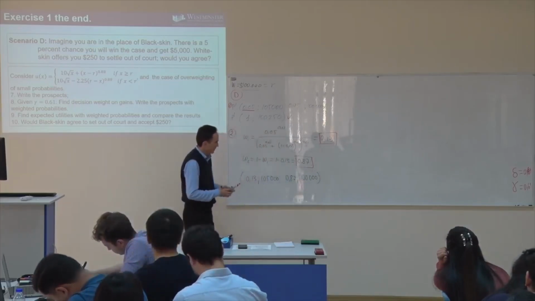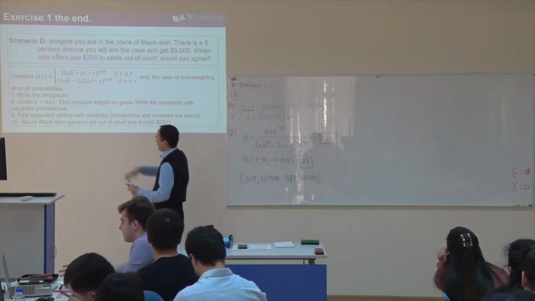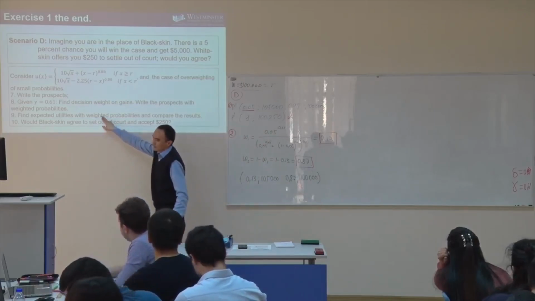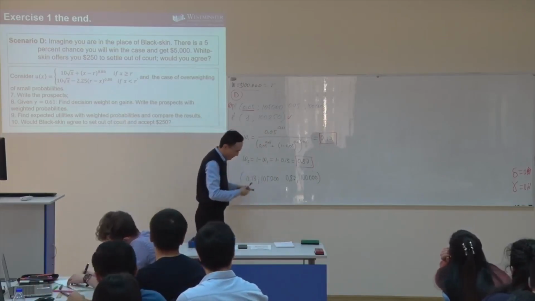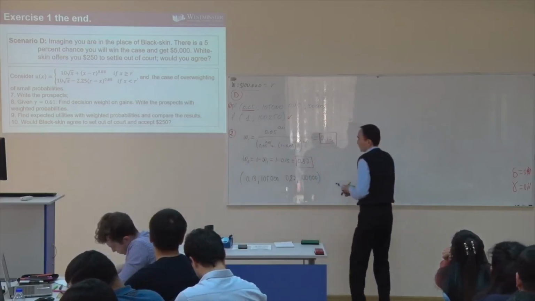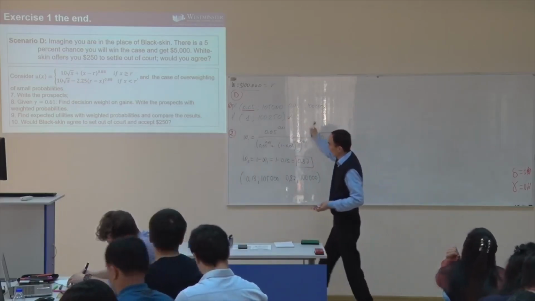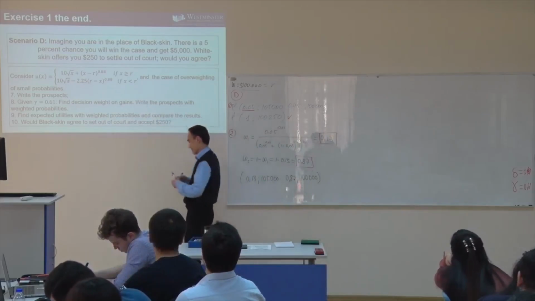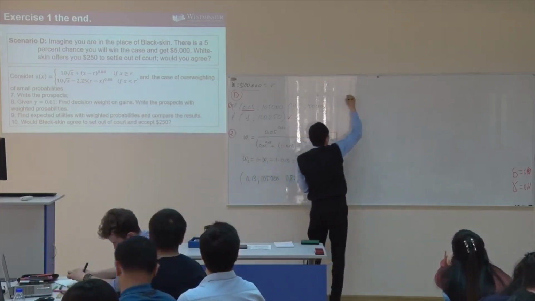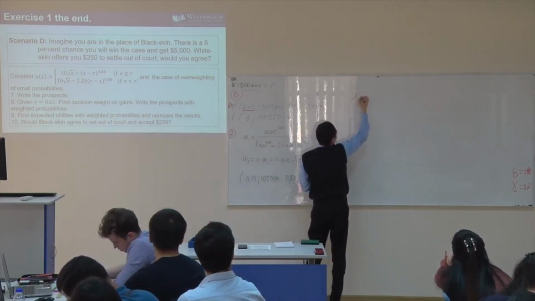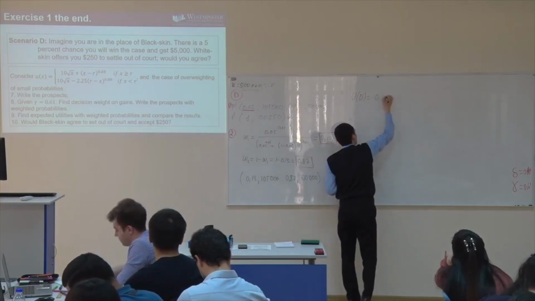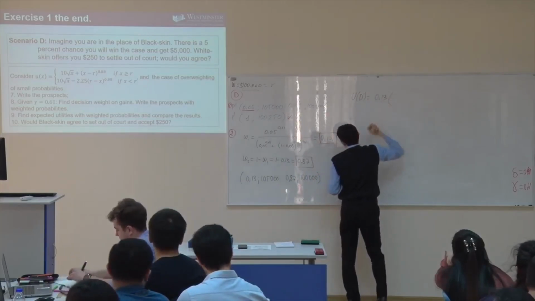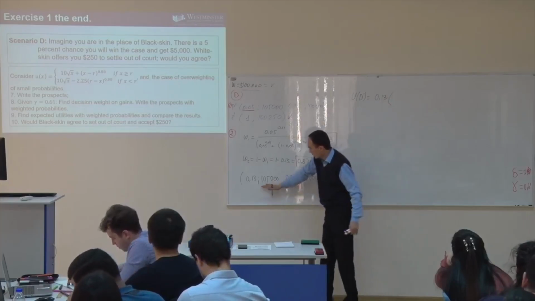Okay? Done. So once we have it, we are asked to find expected utilities with weighted probabilities. So let's calculate, we have that formula given. I've erased it, it's here. So our utility for scenario D, for the first prospect, is equal to: there is a 13% probability that the final wealth is going to be equal to 105,000.